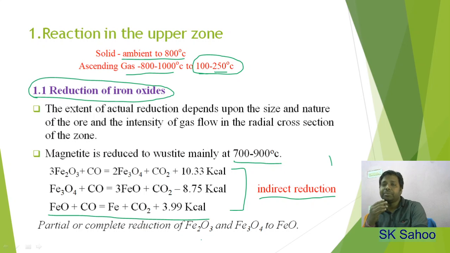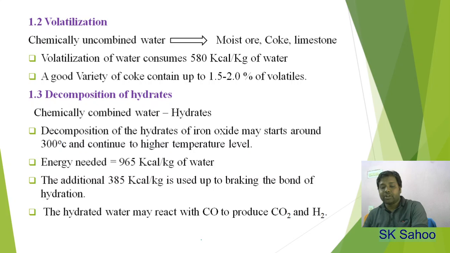And the nature: we have studied the different aspects of iron ores, how to choose good iron ores, how rich it is, and what the gangue materials are, that is, how to evaluate the iron ore. The type of gangue material associated with the ore plays an important role in its reducibility also. So we have to choose iron ores with less gangue and preferably fewer impurities inside the raw materials.